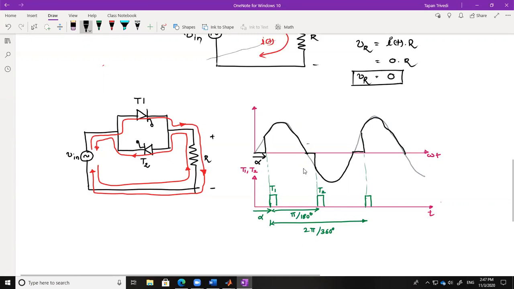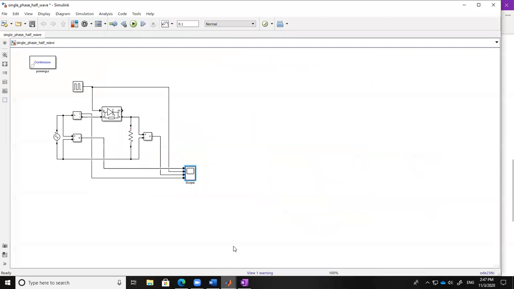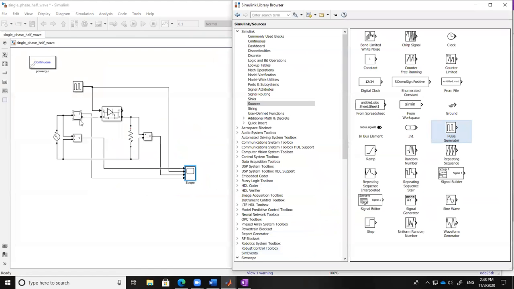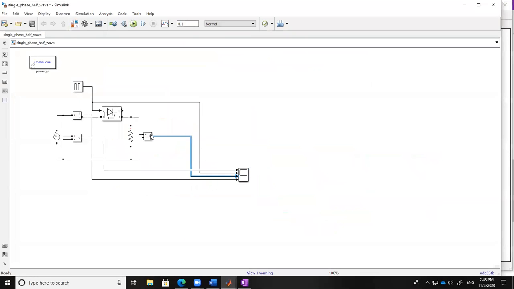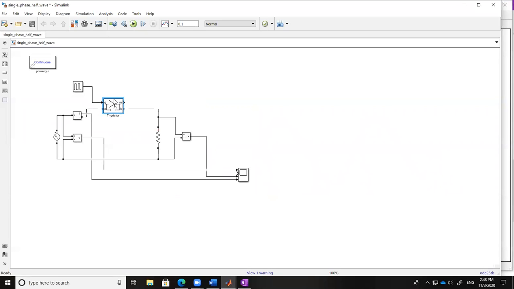Okay, so let us modify the original model, right? So I will keep, okay, extend this. But this thyristor T2 should be in the reverse direction. That is the only constraint. So this is the anode and this becomes the cathode.